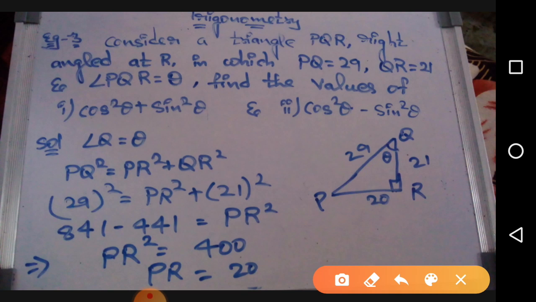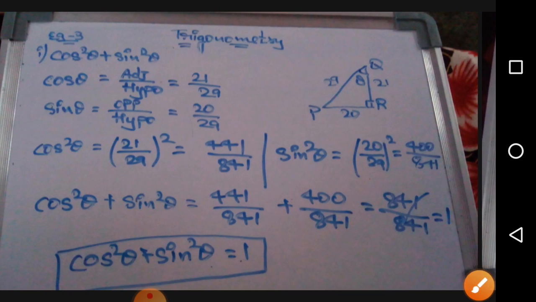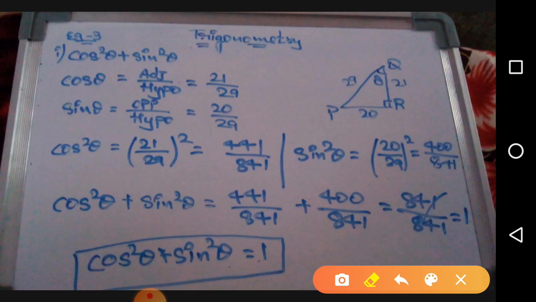Once we get 20, from here we have to consider cos theta. Cos theta is nothing but adjacent by hypotenuse, that is 21 by 29. Similarly sin theta is 20 by 29, as we have written, and then we have to replace the values in cos square theta plus sin square theta.